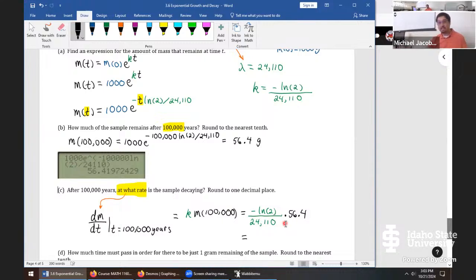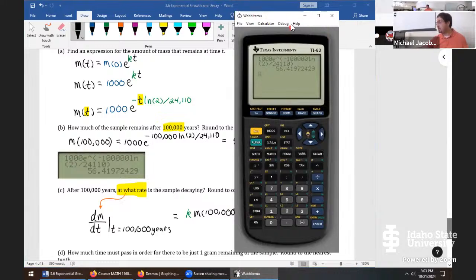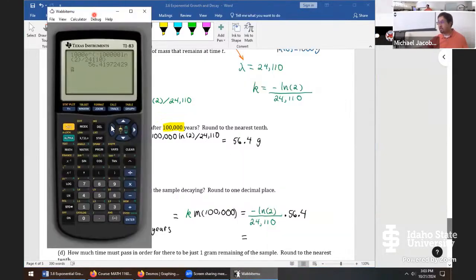So here's how I'd actually calculate it in the calculator. In a calculator like this one, you can say take this value, negative natural log 2, divide by 24,110, then just immediately go times, and I want to multiply by that number, 56.4197.